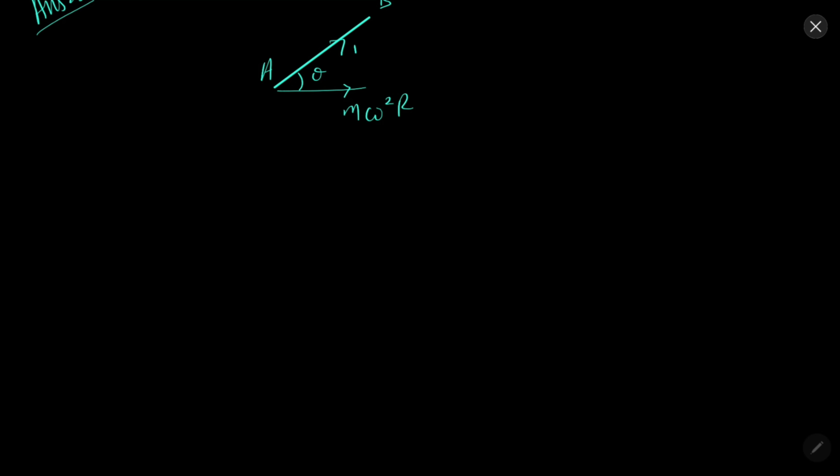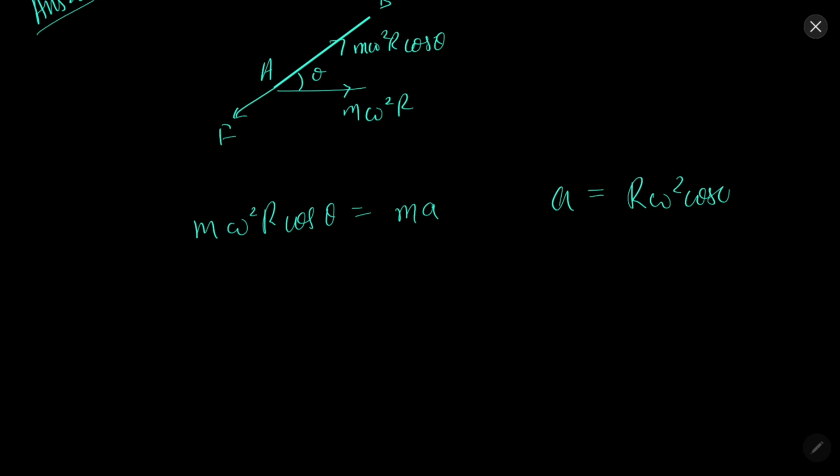So this will be m omega square r cos theta, and the resultant force. So m omega square r cos theta equals F, or you can also write ma. So acceleration comes out to be this much.